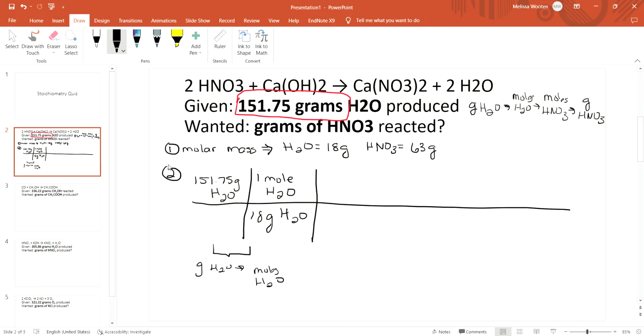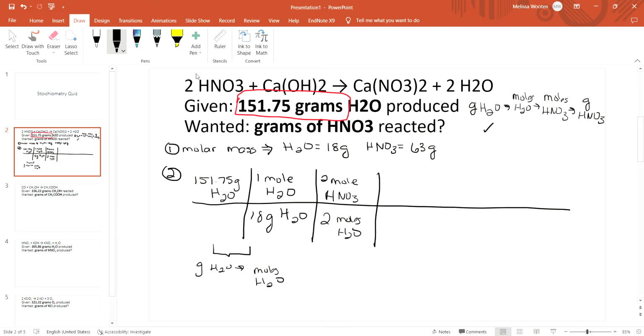And now we've done this step, right? So our next step is moles of water to moles of HNO3, and we're going to do that using our balanced equation. So if we use the coefficients from our balanced equation, there's 2 moles of water for every 1 mole of HNO3. Oh, excuse me, 2 moles of HNO3, because our coefficient is 2.